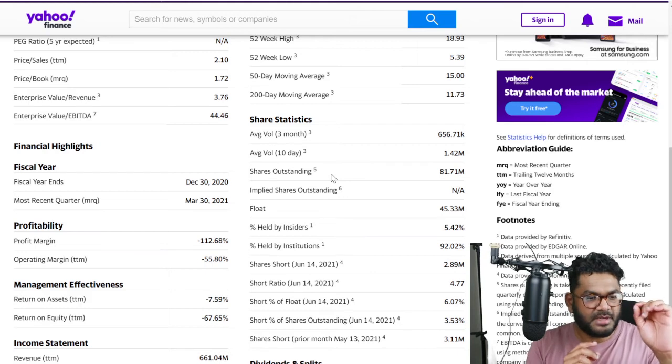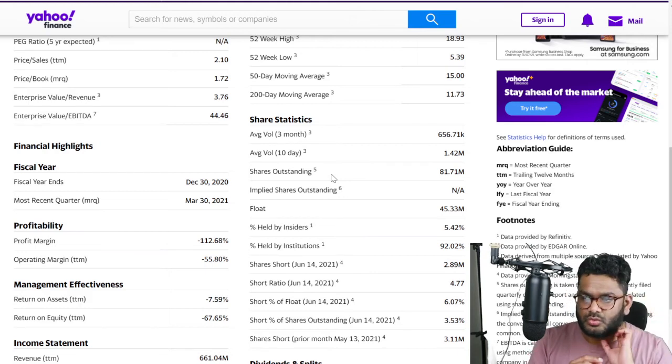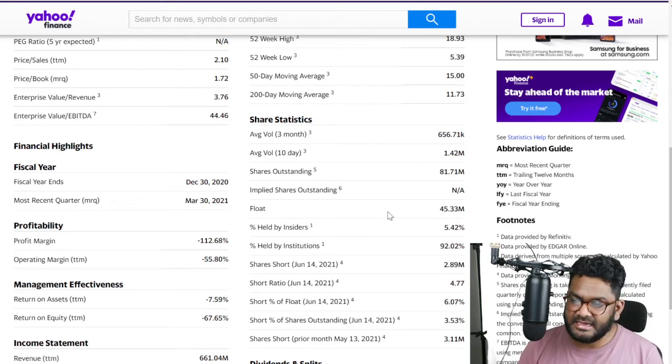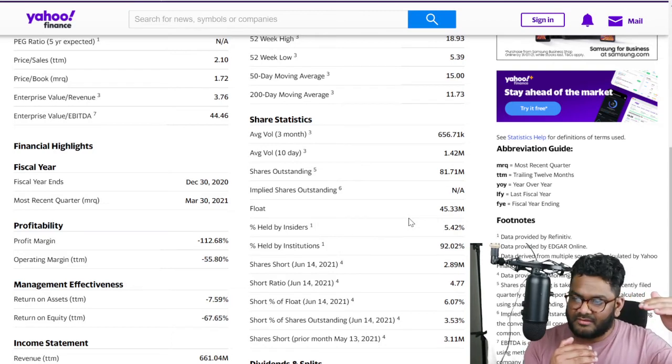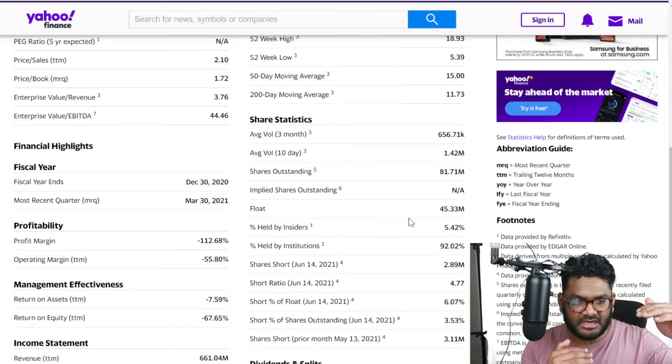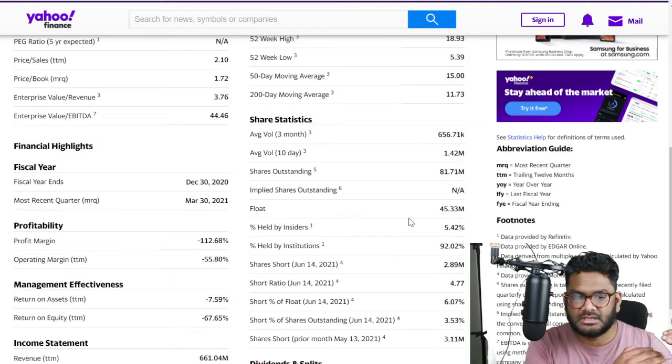One piece is called one share, right? So the company's total number of shares is 81 million, and only the float here is 45 million, meaning the other 30 or 35 million shares are locked in the company's name.